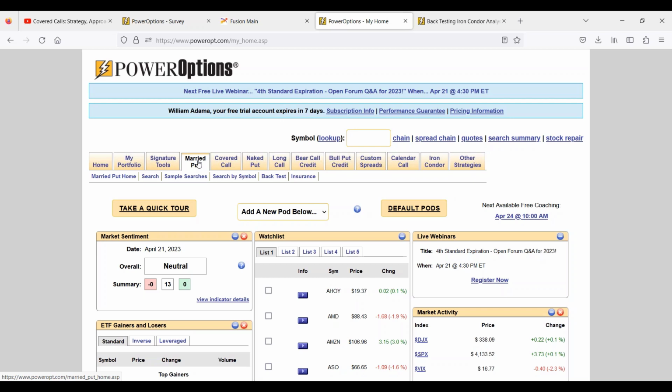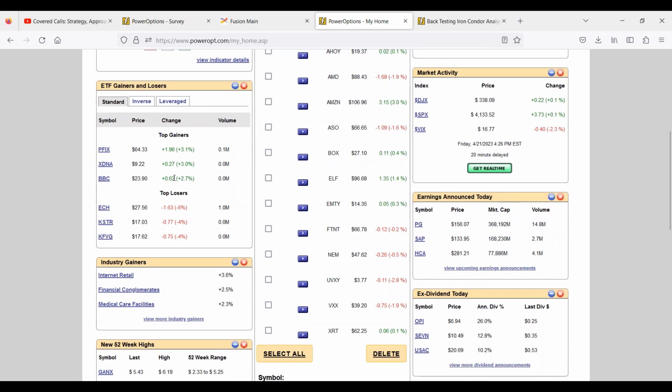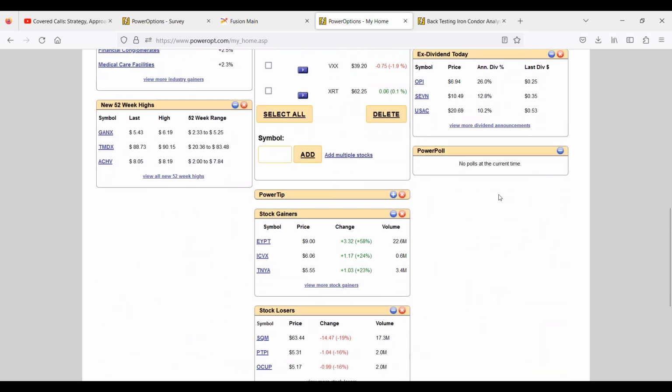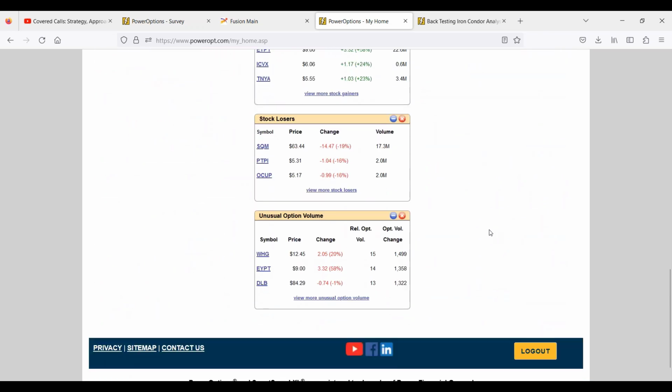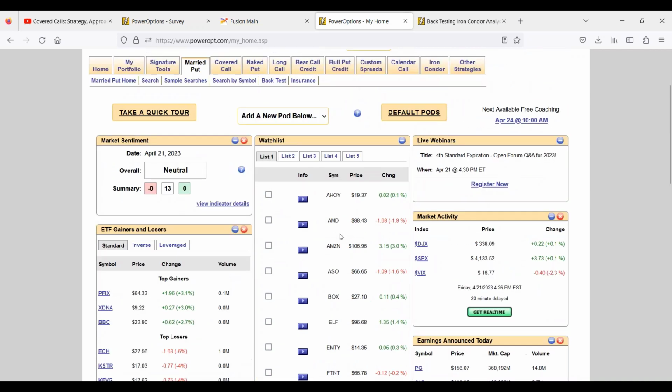There was a piece in that article, and I know you've seen it too. The article said that the most active options, we can look at that on PowerOptions too, but the article Kip sent me, they used their tool or their view on, I can't remember if it's the Wall Street Journal or something along those lines, but the daily most active volumes.